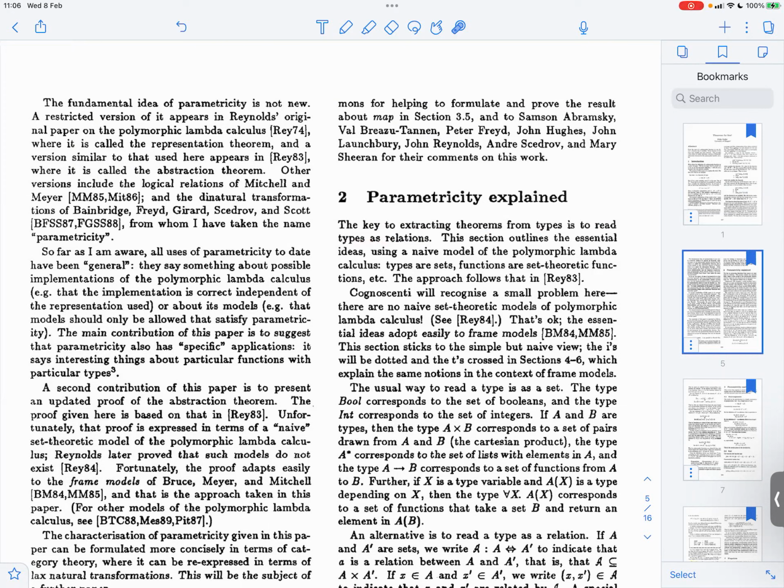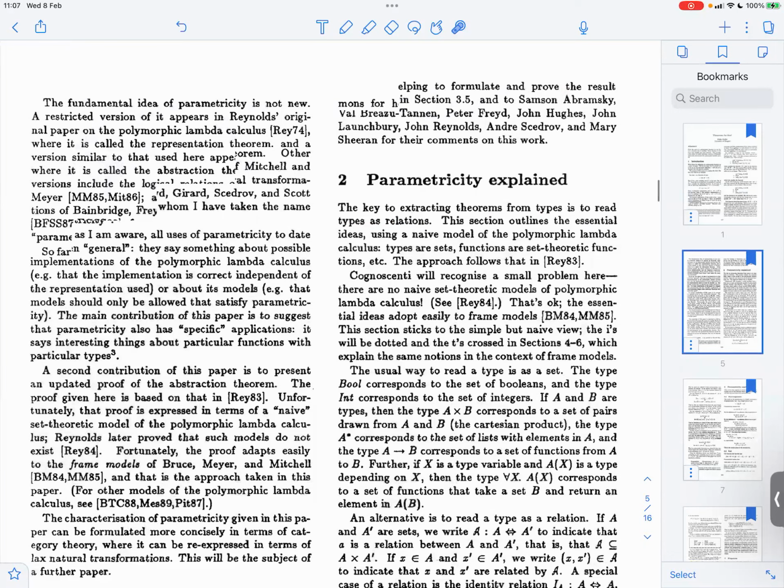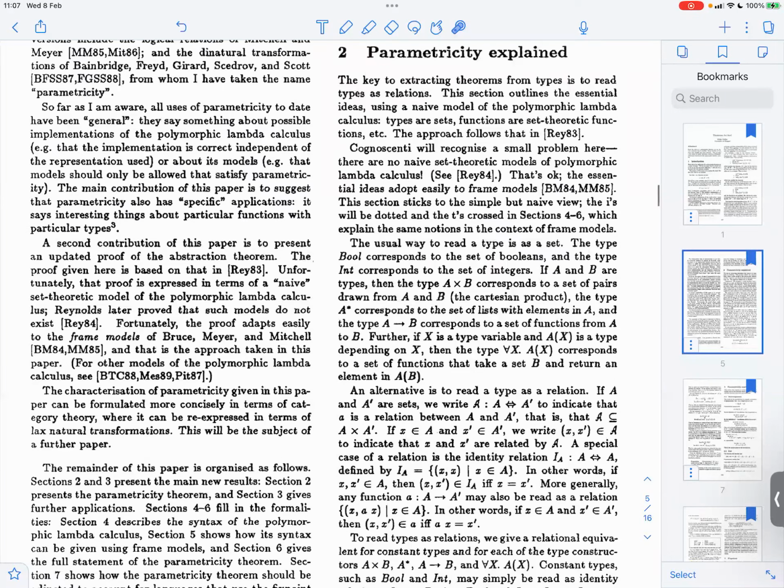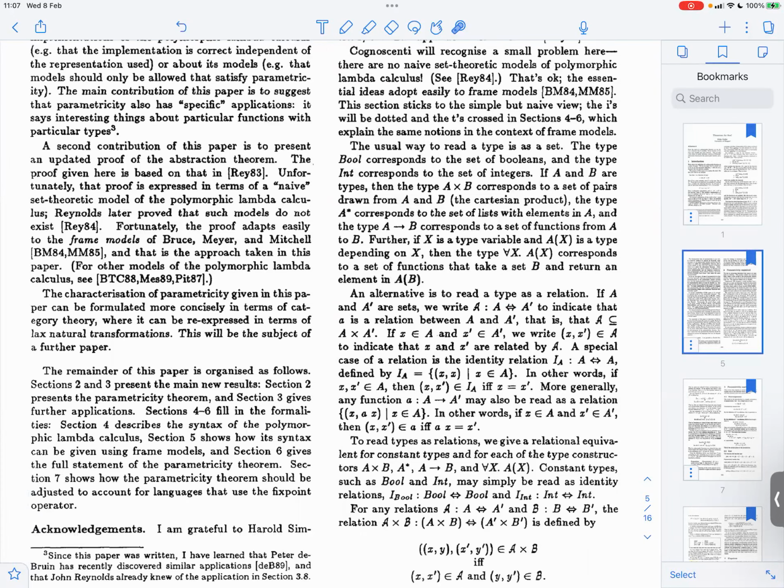Relations between what types are going to be. If you read what follows here, there's a relation between a and a prime. And then he gives you an example of a graph relation from a function a. Well, that's clear. But how do you read types as relations?